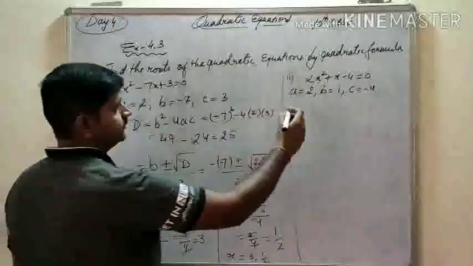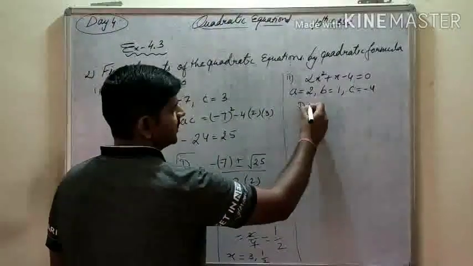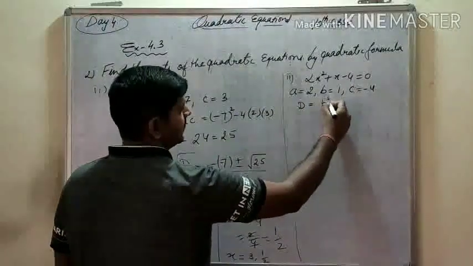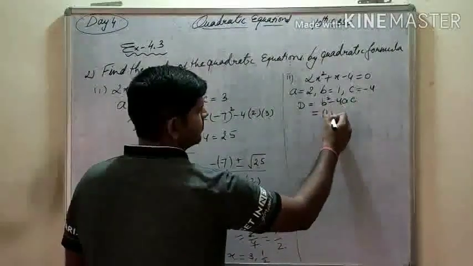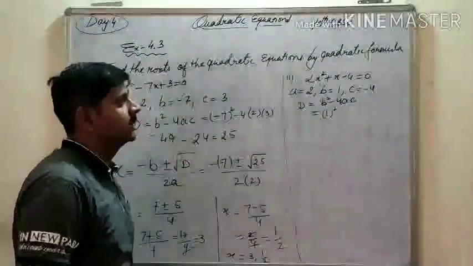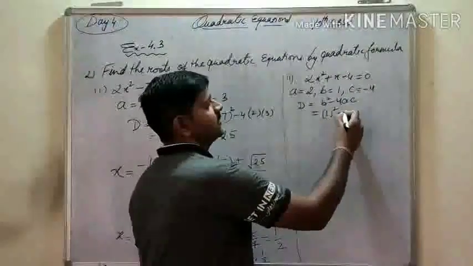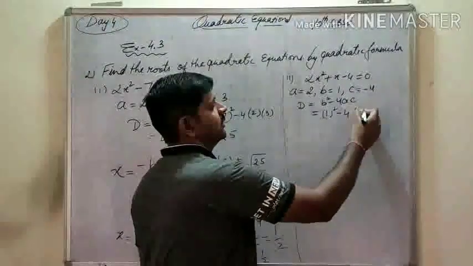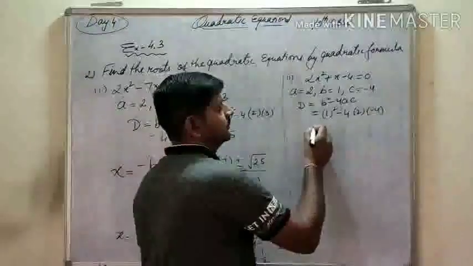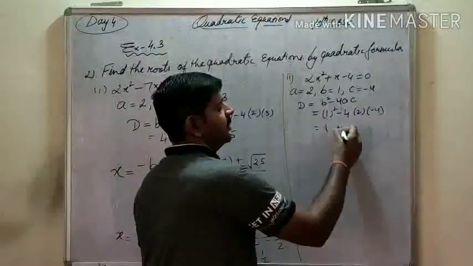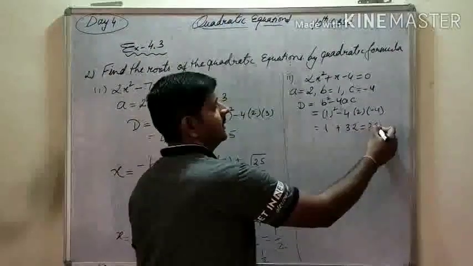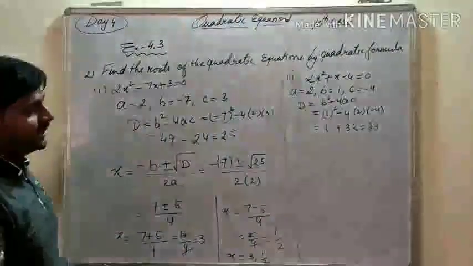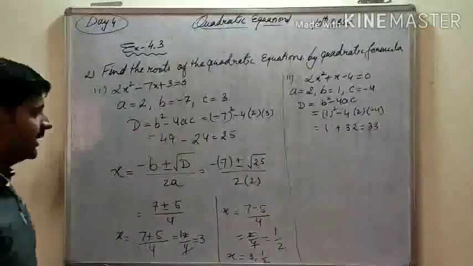So the discriminant is b square minus 4ac. b is 1, so its square is 1, and minus 4 into 2 into minus 4 is positive 32. So 1 plus 32 gives 33. So finally we got the discriminant 33.